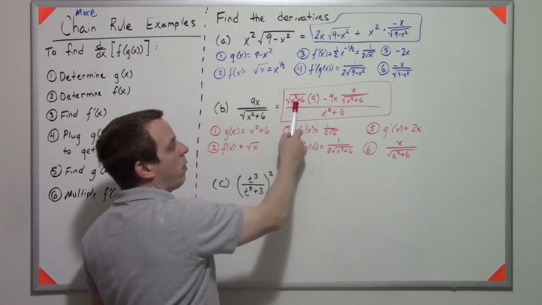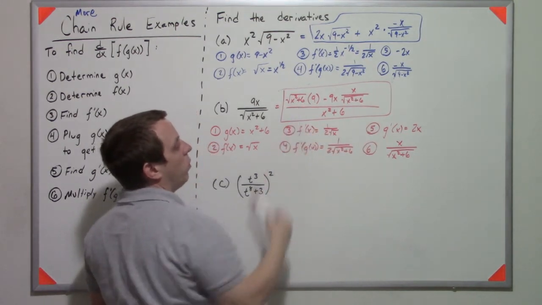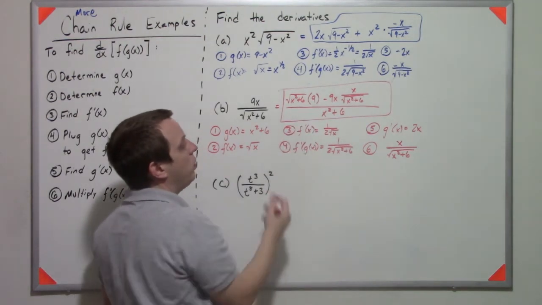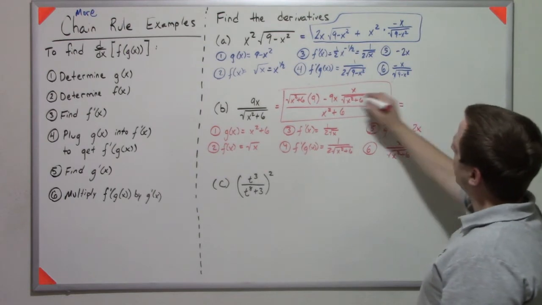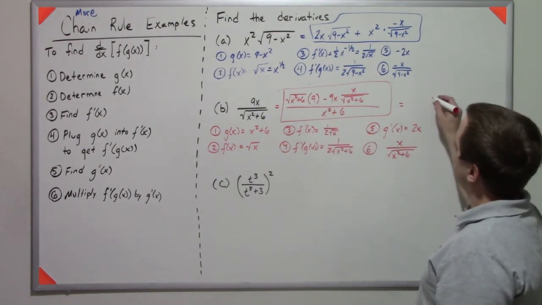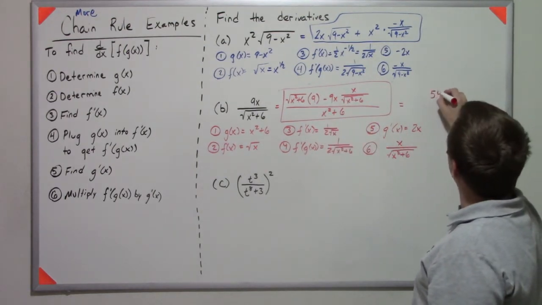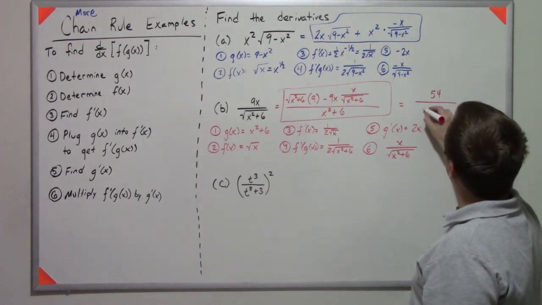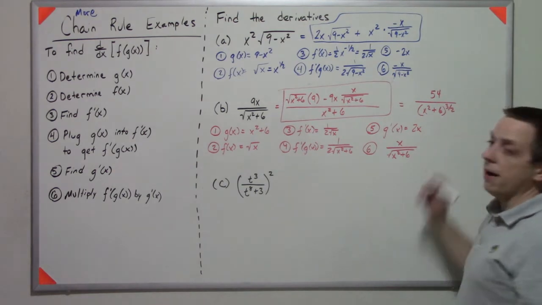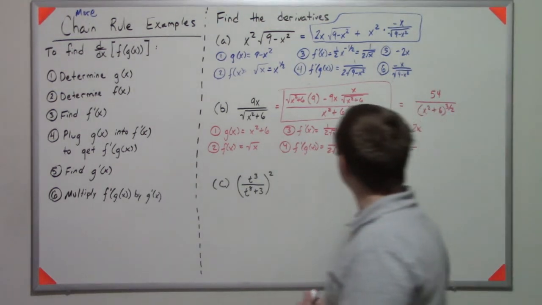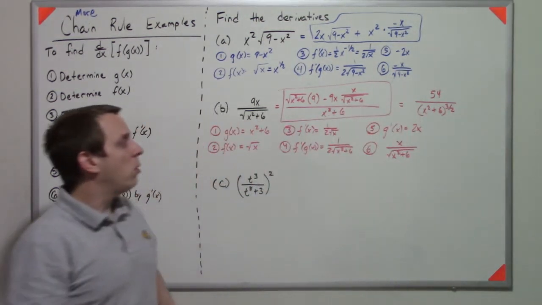This will actually square out, so if you do it that way, you end up with 54 over x squared plus 6 to the 3/2, which is a much cleaner answer. So that's probably what you should do.